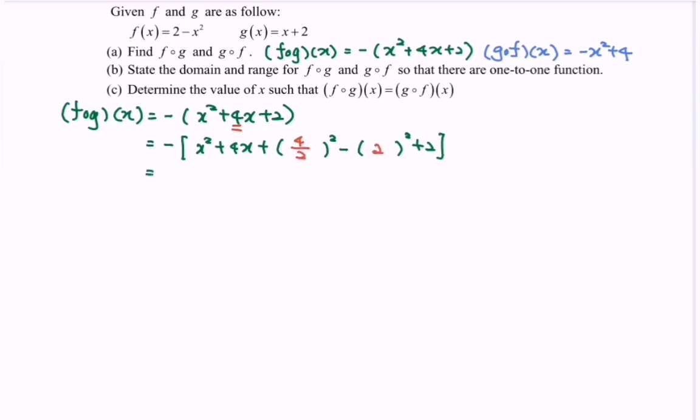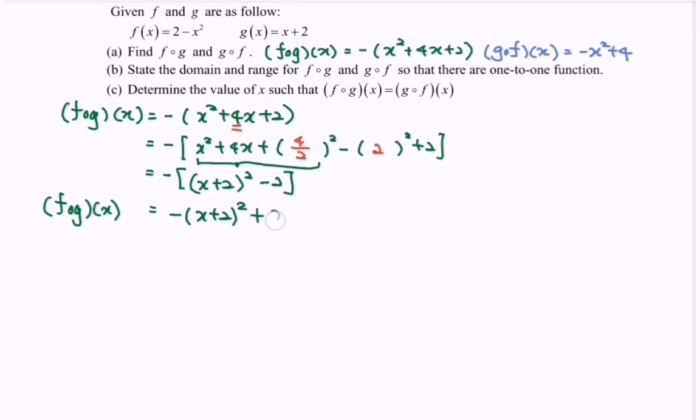Simplifying, focus on this part: we will have (x plus 2) squared. And then here we have negative 4 plus 2, so the answer will be negative 2. Finally, f∘g(x) is equal to negative (x plus 2) squared plus 2. That will be the standard form.